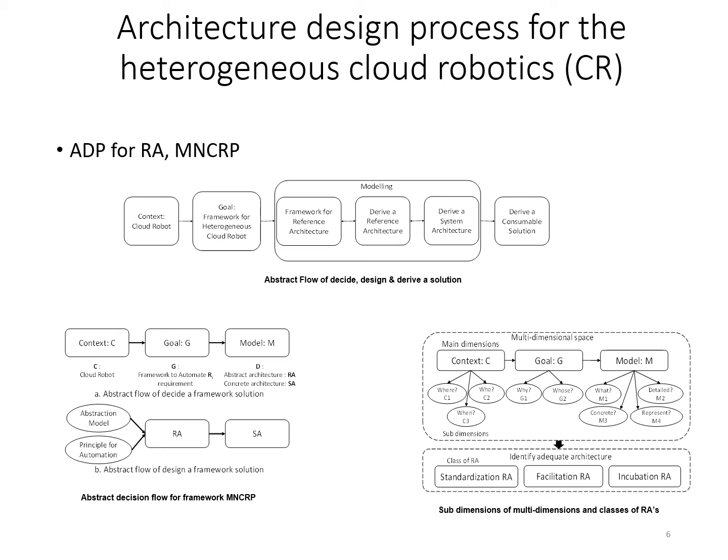Then we define the subdimensions of the main dimension as shown in the previous figure. You can see the subdimensions and main dimension. After that, we disambiguate the adequate reference architectures as follows.